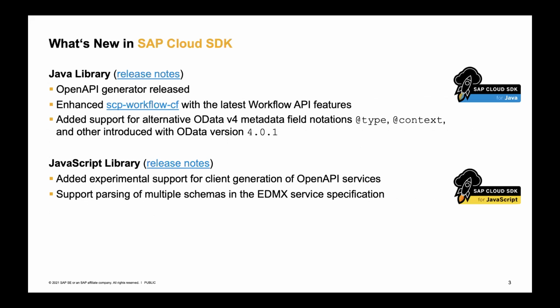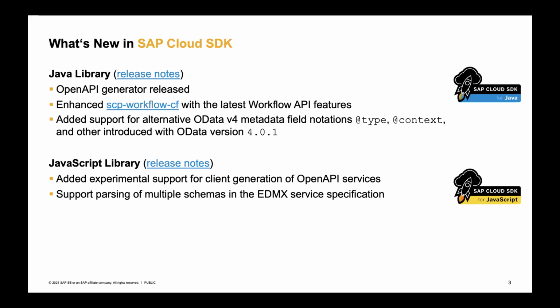First of all, let's review what happened in the Cloud SDK recently. As you know, we are offering two main components of the Cloud SDK, which is the Java library and the JavaScript library. One of the biggest highlights that we are very proud of is that on the Java side, we already have a release of the OpenAPI generator, which is also the topic of today's session.